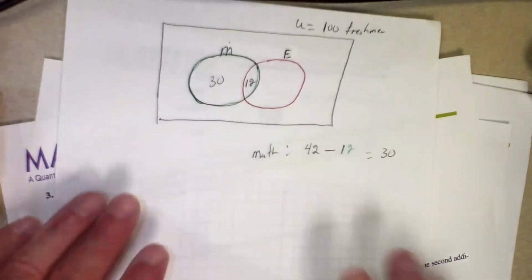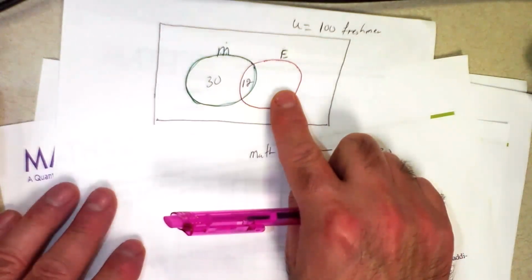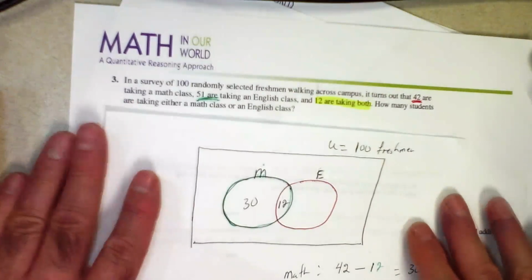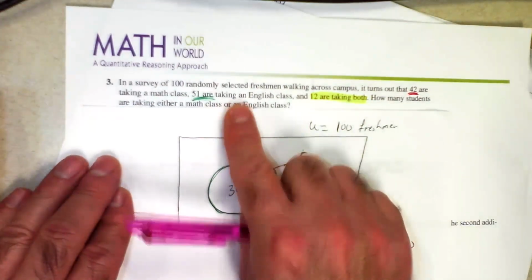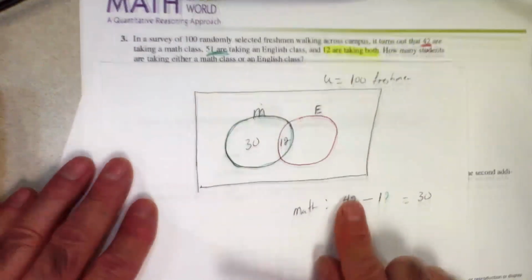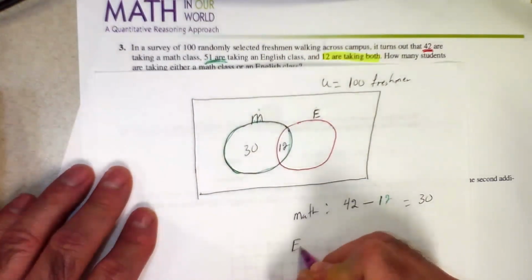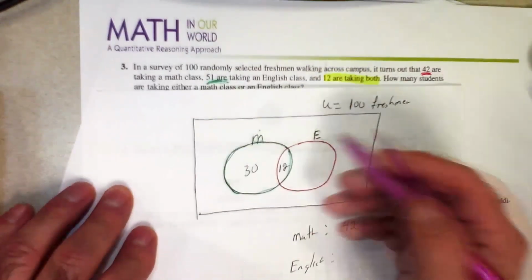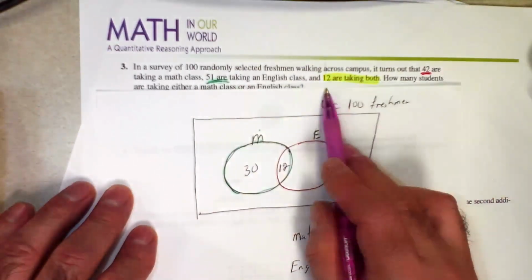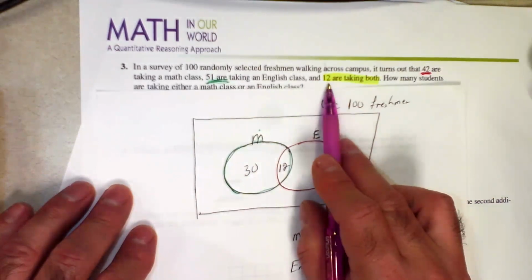Okay. Now I want to figure out how many people alone are taking English. Well, I was told from the problem that there were 51 taking English, right? So I can go over here and do my English. I know I got the colors backwards. And from those 51, 12 have been accounted for.